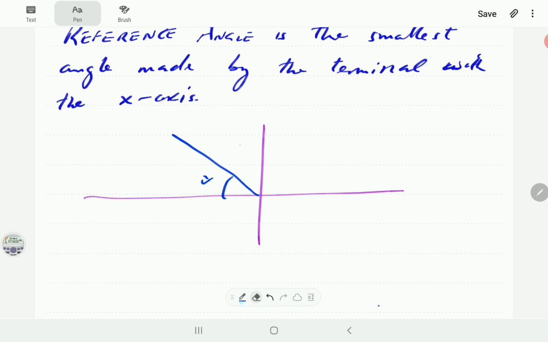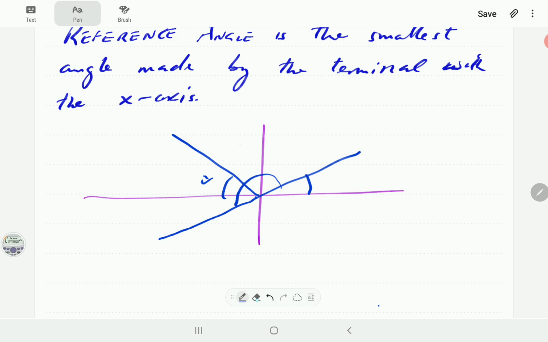Same thing. Well, if we have an angle in the first quadrant, then the angle itself is going to be its reference. But if we've got an angle in the third quadrant, then remember that is the angle.